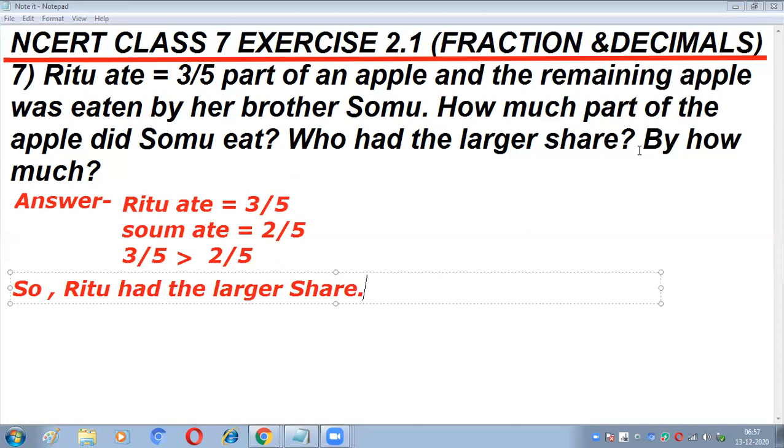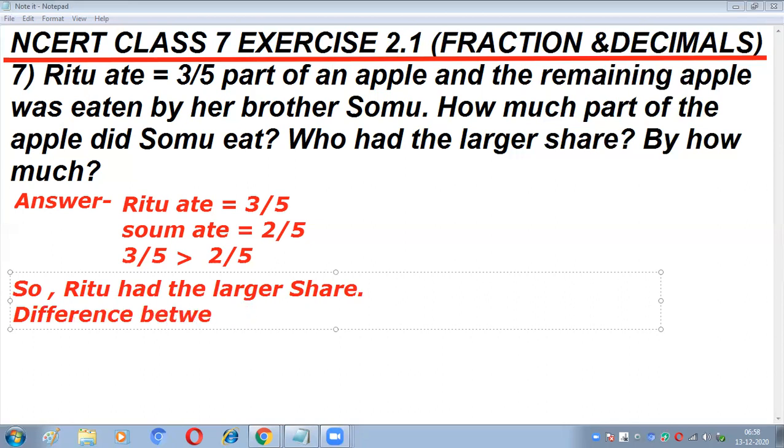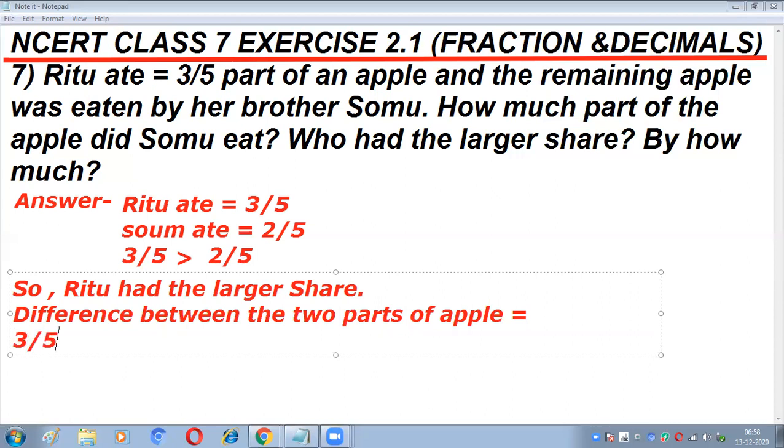So now we have to find by how much it is greater. Here also we will do 3 by 5 minus 2 by 5, the difference between the two parts of the apple, that is 3 by 5 minus 2 by 5, which is equal to 1 by 5. 3 minus 2 is 1, so 1 by 5.